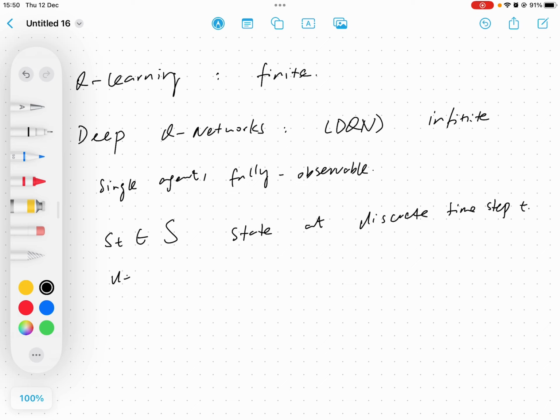We use u_t, or sometimes a_t, either way. This is the action, and it is chosen according to a potentially stochastic policy, pi.